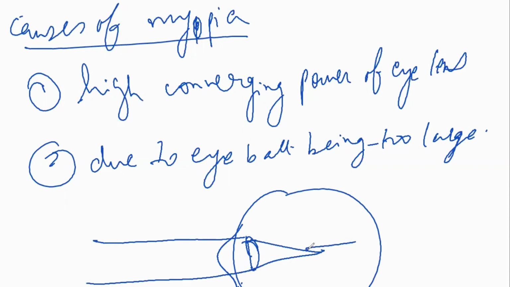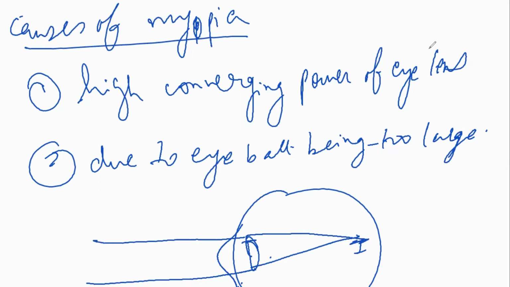But here the image has formed in front of the retina. Why? Because the eyeball has become too big. So the image is formed in front of the retina, at some distance from it. It has not touched the retina.